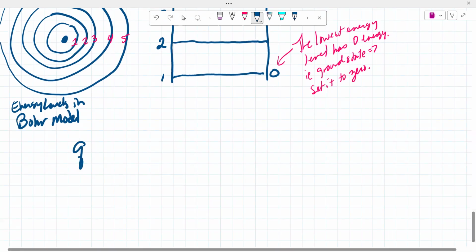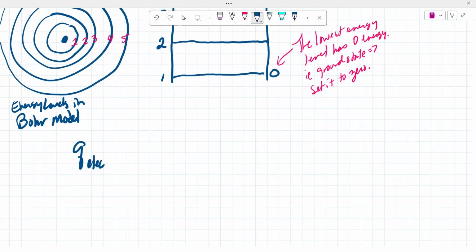Let's now do Q elect as a function of T, temperature, equals the summation over i of g_i e to the negative beta E_i, electronic for the individual level.